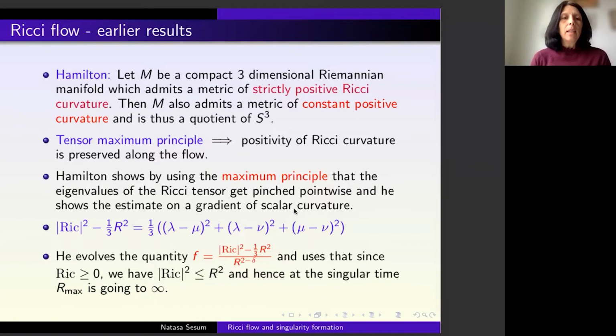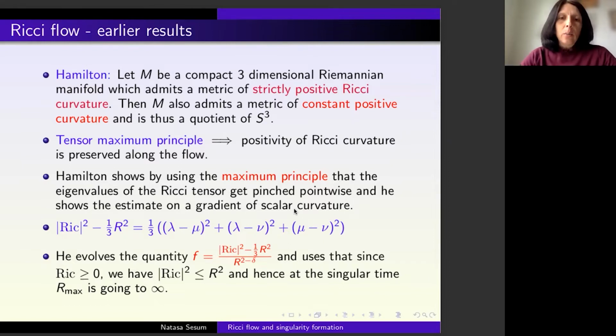And then he also came up with this very nice quantity, which I wrote in blue. You can see it's the norm of the Ricci squared minus 1/3 of the scalar curvature squared. And you can write that in terms of the eigenvalues of the Ricci, like I did in this blue equation, right?